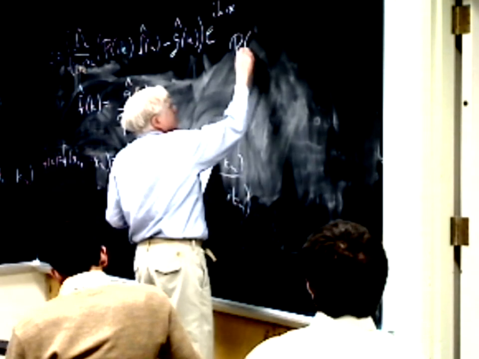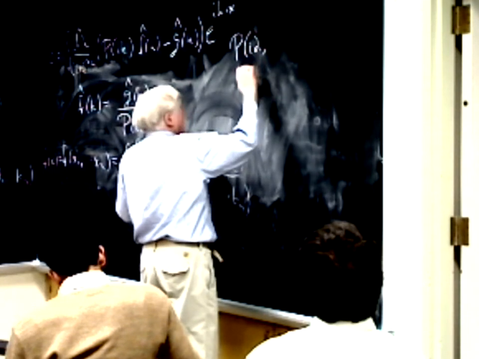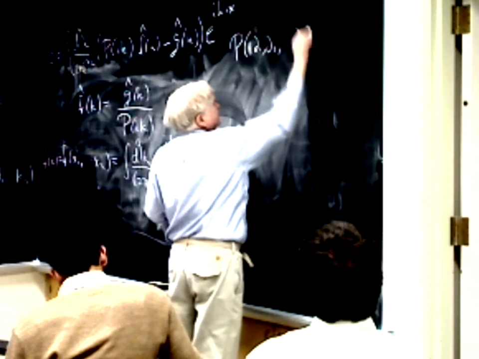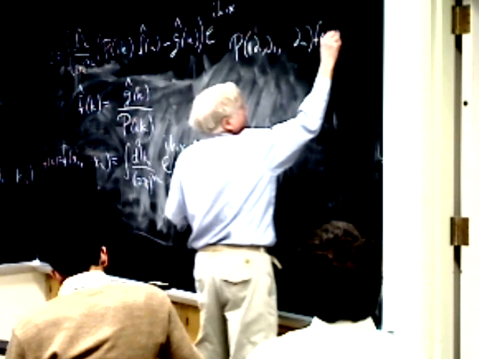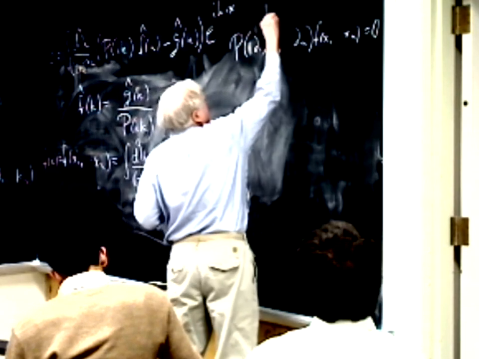Suppose we have the homogeneous equation, p of d1 through dn, f of x1 through xn equals 0. This is the homogeneous equation.